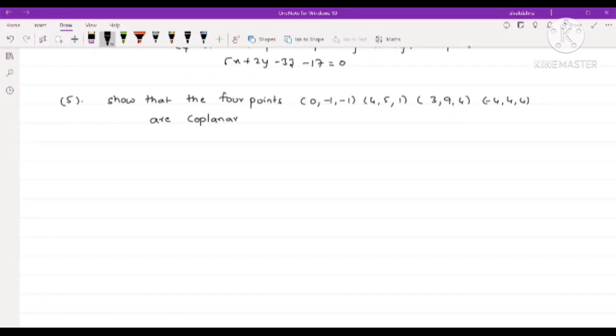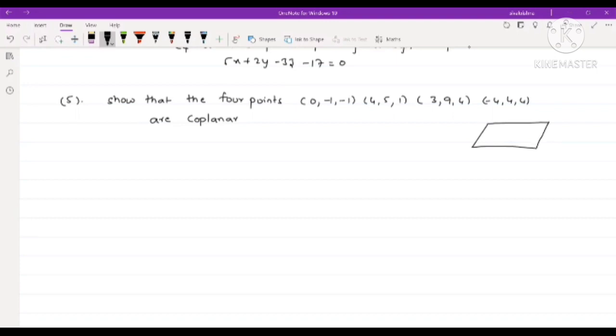So what is the meaning of coplanar? It means we have to say that these 4 points lie on the same plane. For understanding, I am drawing a plane in this way. This is the plane surface.